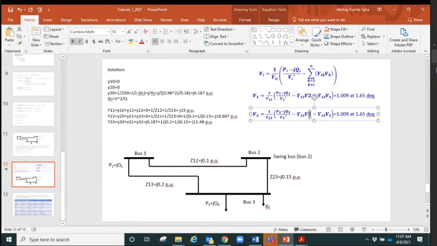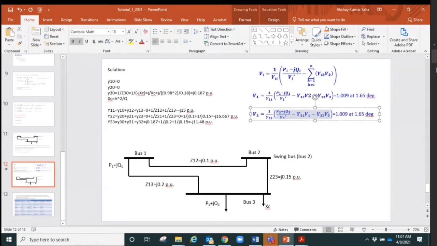K is 1, so V1, let me keep it like this, Y31 V1, and then Y32 V2 can be there, since i is not equal to k for 32, so that's fine.